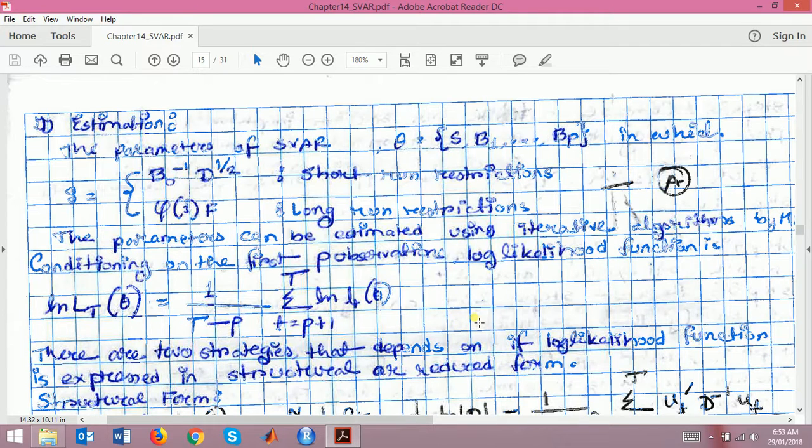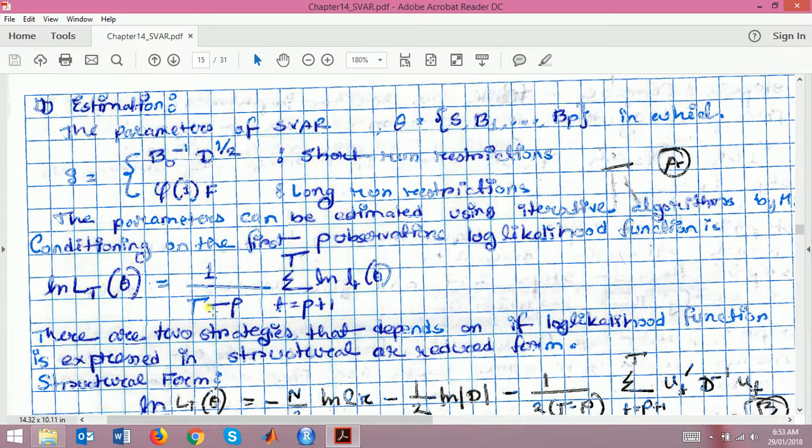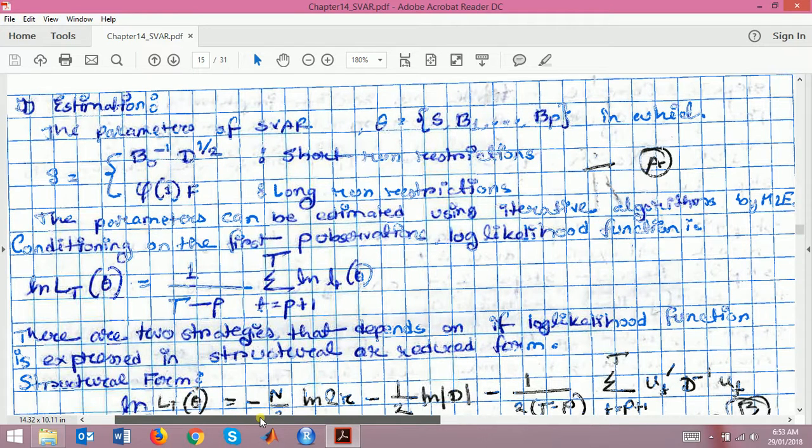The parameters can be estimated using an iterative algorithm by maximum likelihood conditioning on the first p observations. So the log likelihood function in this case is simply 1 by T minus p, because we are talking about this iteration running after the first p observations, or in other words the first rho observations.